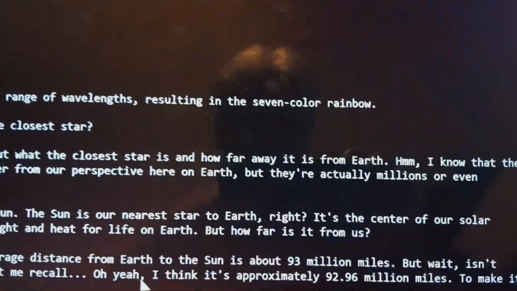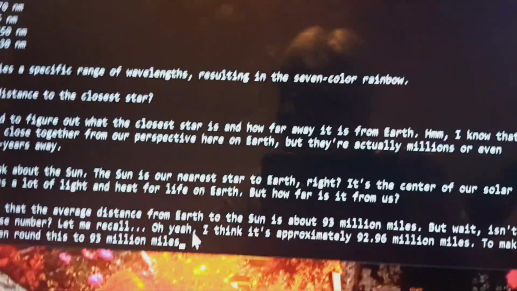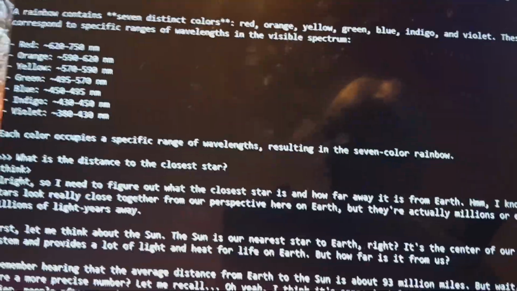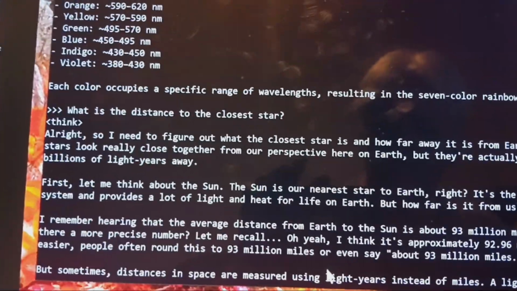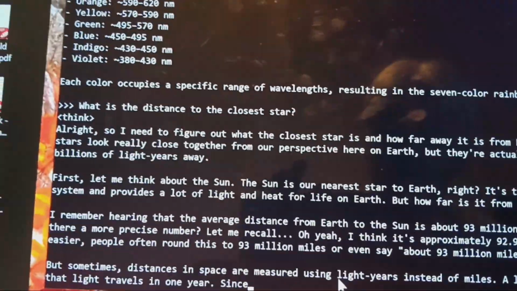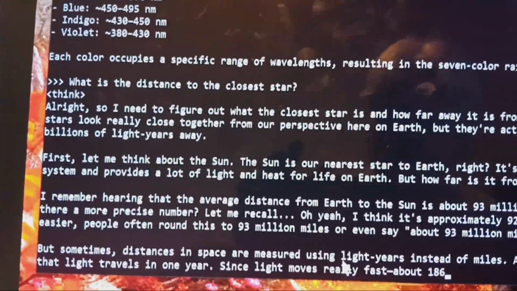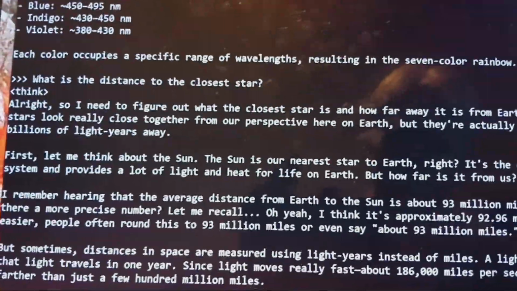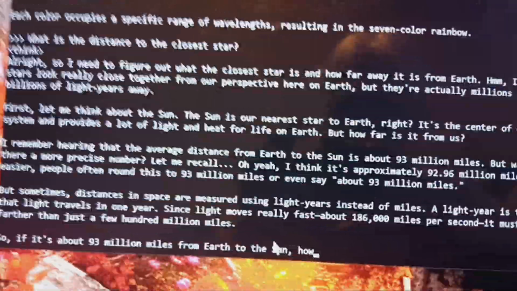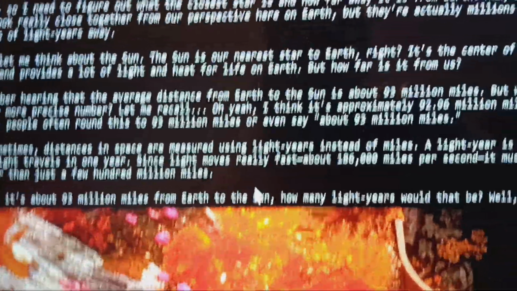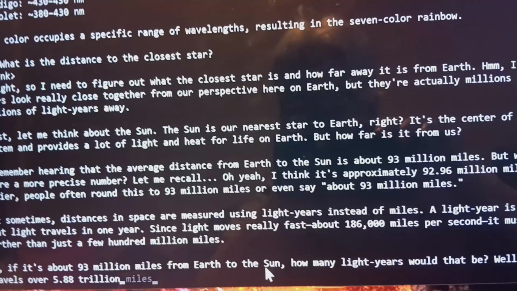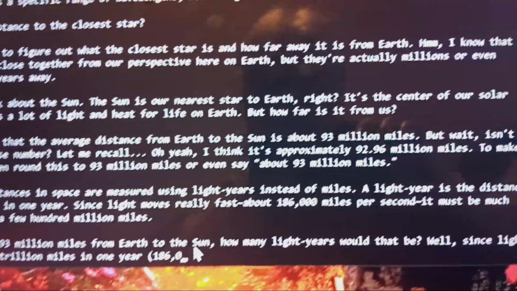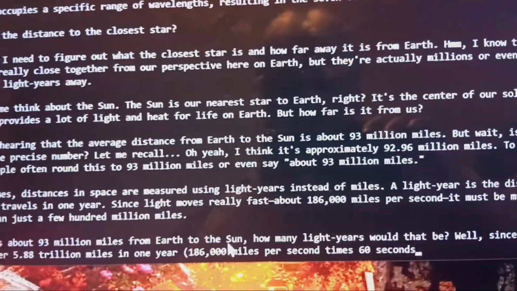And it's 93 million miles away, or 300 million meters, something like that, I forget. But it's 93 million miles away. But it's actually thinking about how fast light can travel to the Earth. Okay, but it's not going to be exactly sure that that's the one I'm talking about.